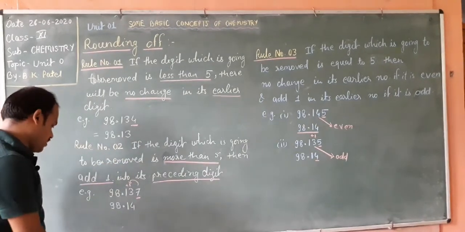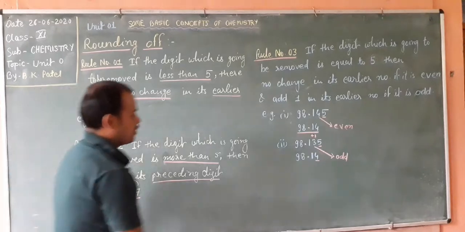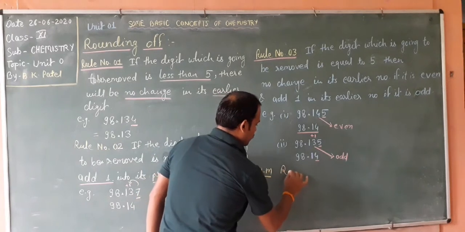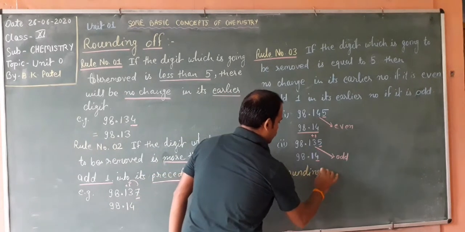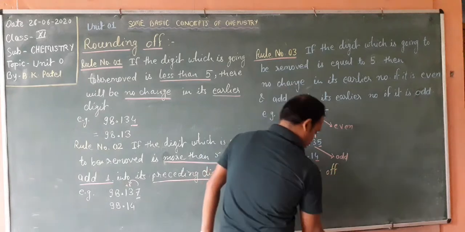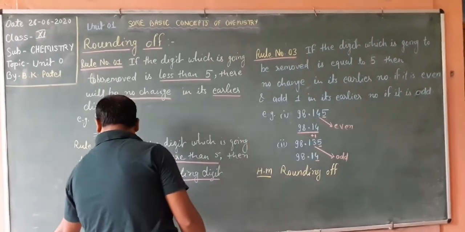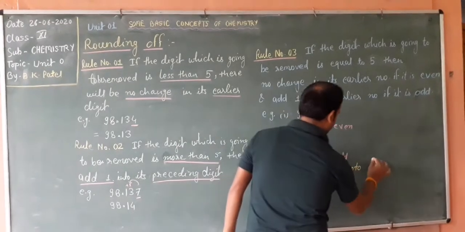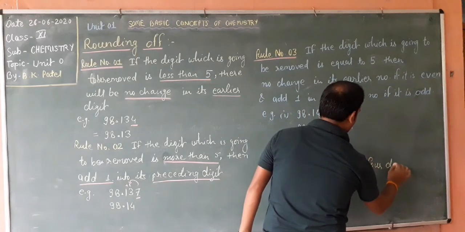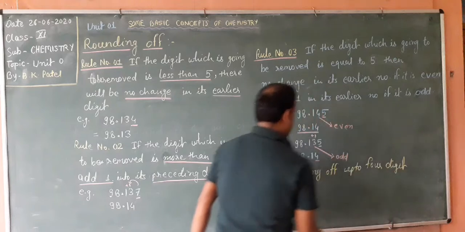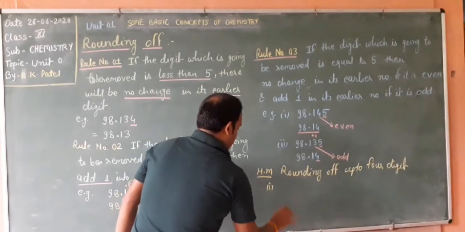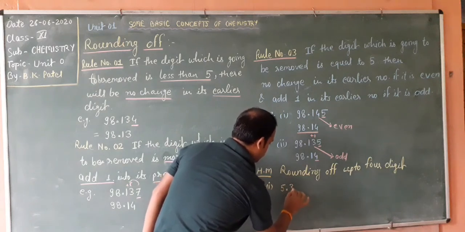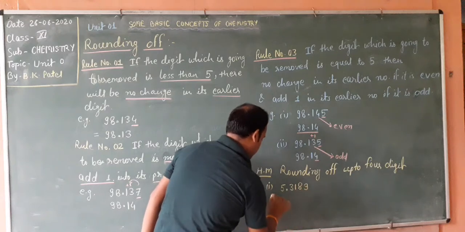Now homework. This is your homework. Round off up to 4 digits. Number 1, the question is 5.3189.